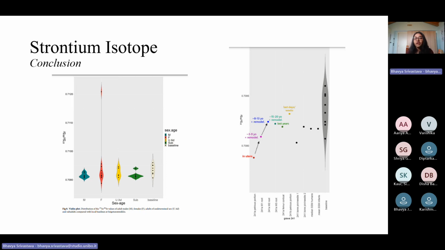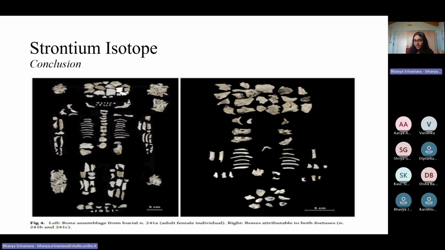And so this paper suggested that this particular woman that we are talking about would have come from a very different region and died in a very different region. It might be an example of exogamy, of marriage from one clan to a different clan.